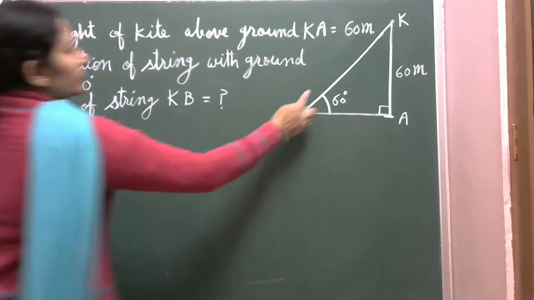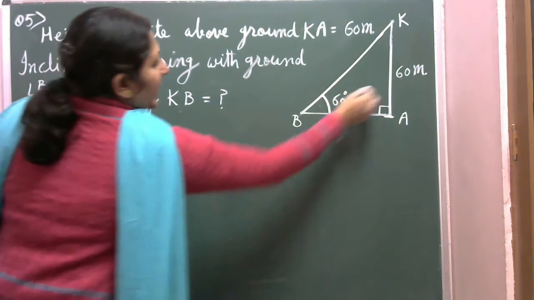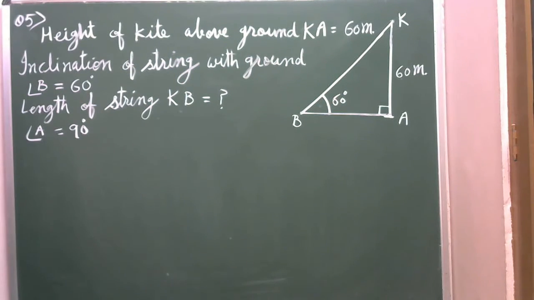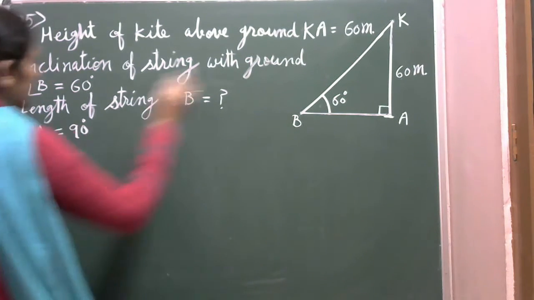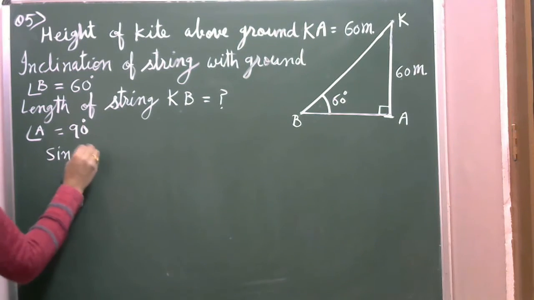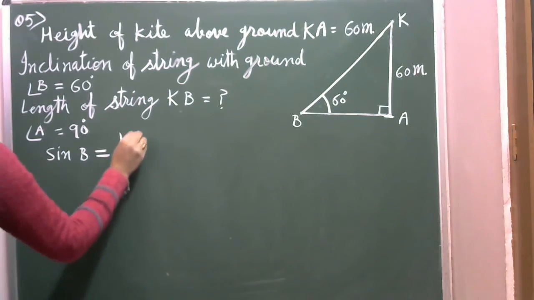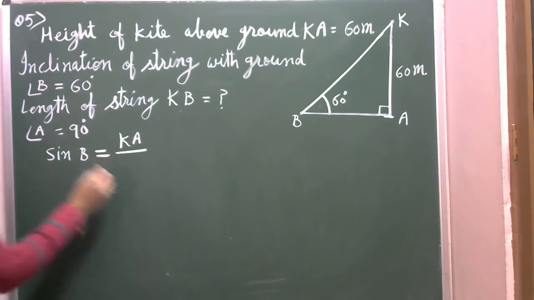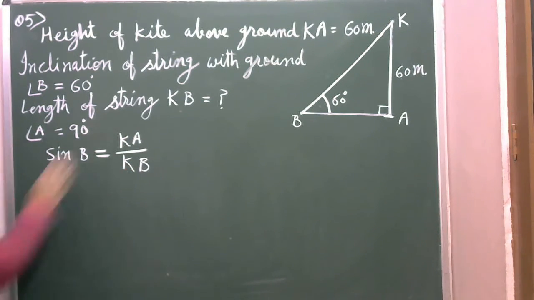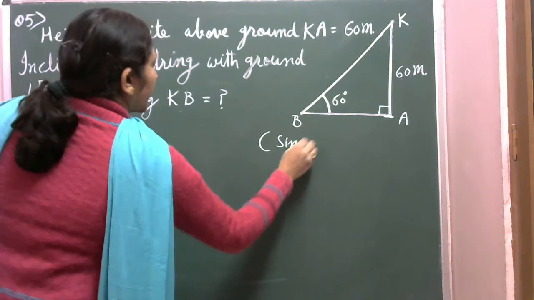To find this value, consider this angle. Angle के opposite side क्या हो गई आपके पास? Perpendicular. We know the perpendicular and we have to find the hypotenuse. So which formula will be applicable where perpendicular and hypotenuse both are required? So it is sine of theta. So here angle is B. We can say here sine B is equal to perpendicular is KA over hypotenuse is KB. सबको पता है ना साइन ऑफ थीटा क्या होता है?